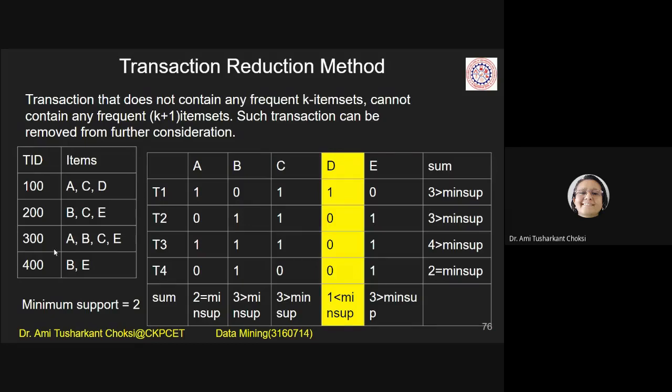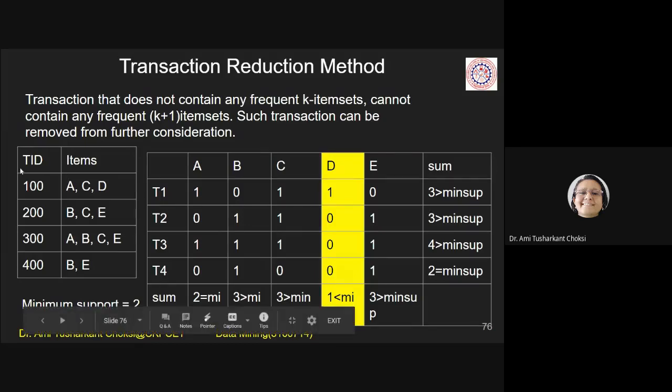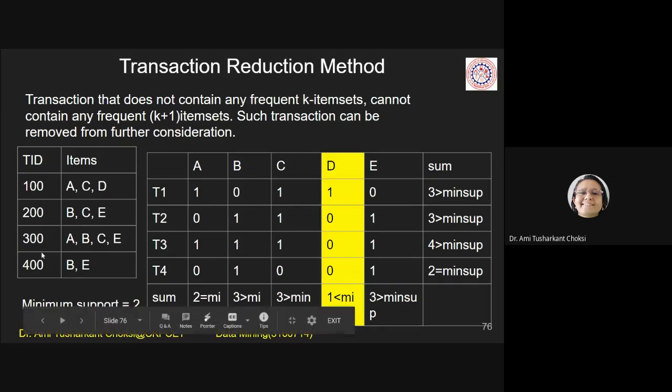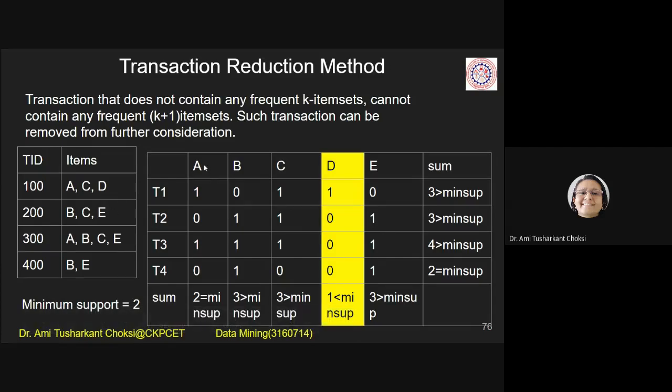The transaction table is given to us, with the TID, transaction ID, and items: 100, 200, 300, 400, with ACD, BCE, ABCE and BE. Right? Now, what to do? Let's see. The items are A, B, C, D, E. What are the transactions?